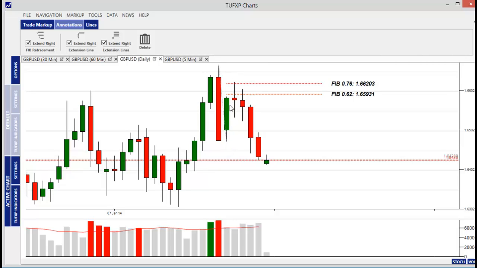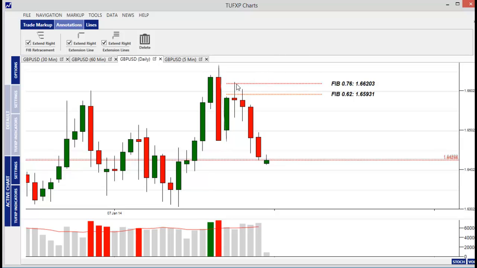What it means is that the market didn't make it all the way back to the top here, which would have been 100%, and only had the momentum and energy to retrace up to 76% of this, or 3/4 of it. That's all you need to do in simple terms to understand the logic of this.